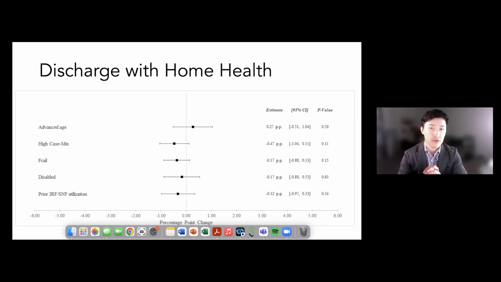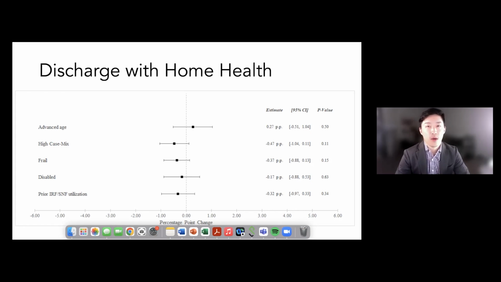And so some of the takeaways from this, I think, are that you look at a program like bundle payments for medical episodes, and you see reductions in spending driven by less SNF utilization, particularly less SNF length of stay.